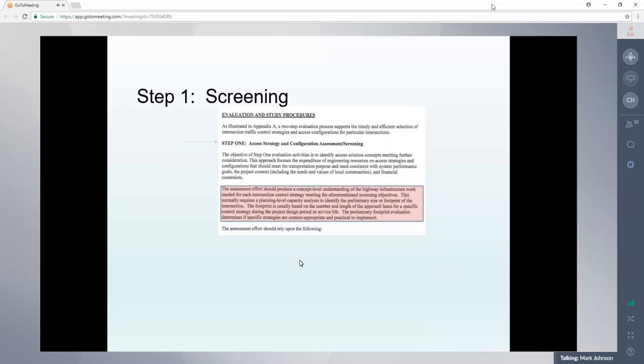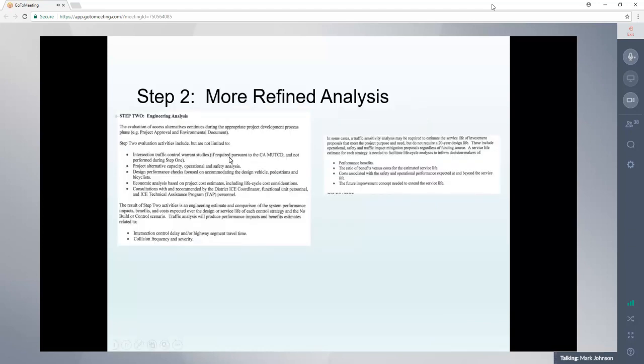And then we go into more refined engineering analysis, as long as it didn't get screened out, which can include more safety and geometric analysis. Rodel can help support that as well in terms of the safety analysis and the economic analysis, trying to tie geometrics down more accurately in terms of impacts and costs of construction and environmental impacts.